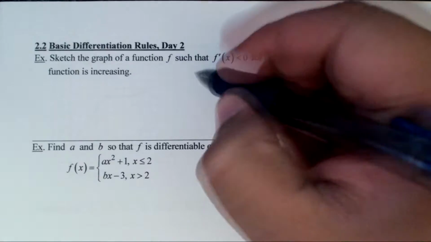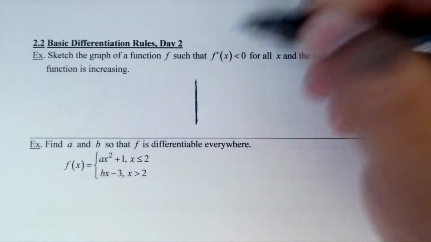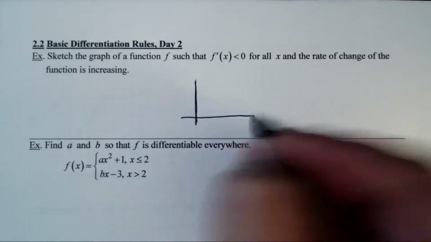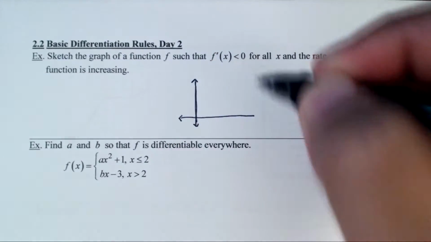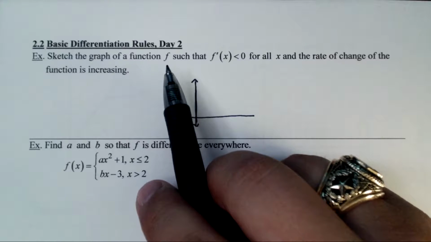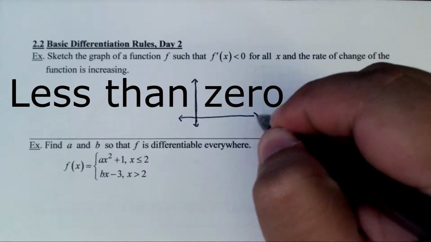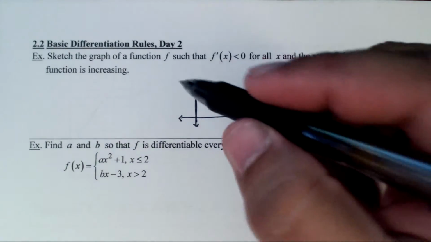So we're going to draw ourselves an XY graph, right? Here we go. And so what we're looking at is we want to graph a function f such that f prime is less than 0. So a function that would have a negative slope could look one of two ways.